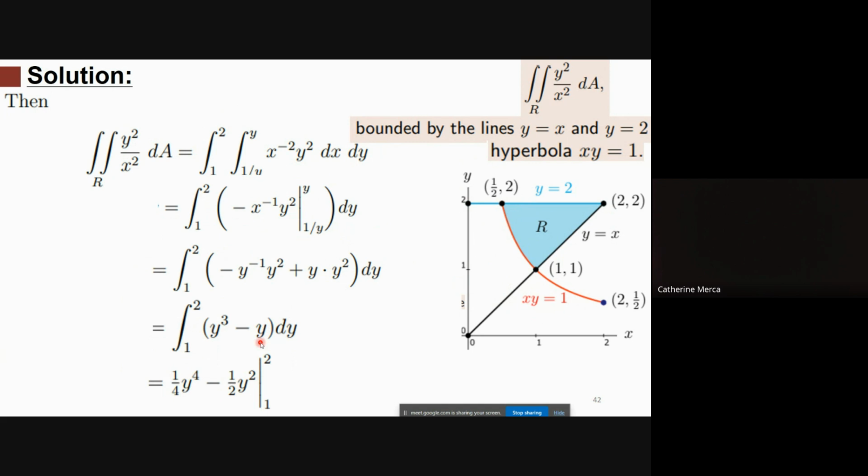I think you can solve that one already. Simply substitute the upper limit, so that's 2 to the fourth over 4, minus 2 to the second power over 2, then minus the lower limit, 1 to the fourth over 4, and plus 1 to the second power over 2. This is simply algebra, so you can solve for that one. That's equal to 9.